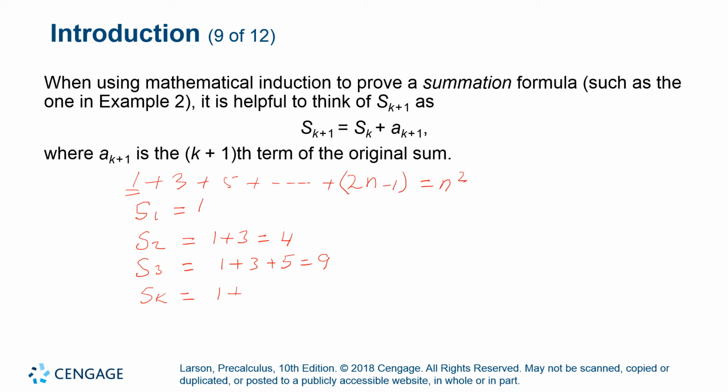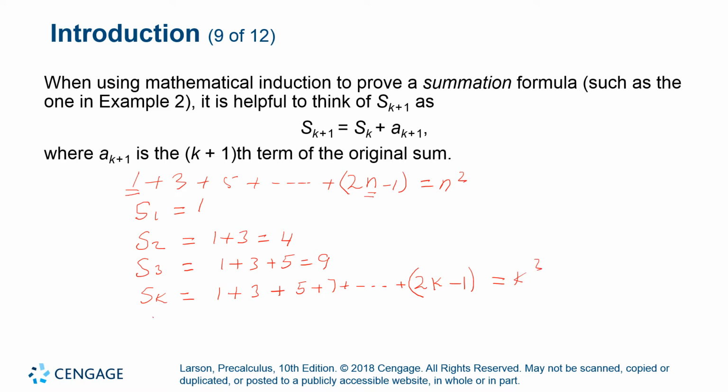So that's going to be 1 plus 3 plus 5 plus 7 plus, I'm going to put three dots to indicate that it's going to be ending where? At Ak. Now notice, to figure the Ak term, instead of n, we're going to take it away and replace it by k. So that's going to be 2k minus 1.